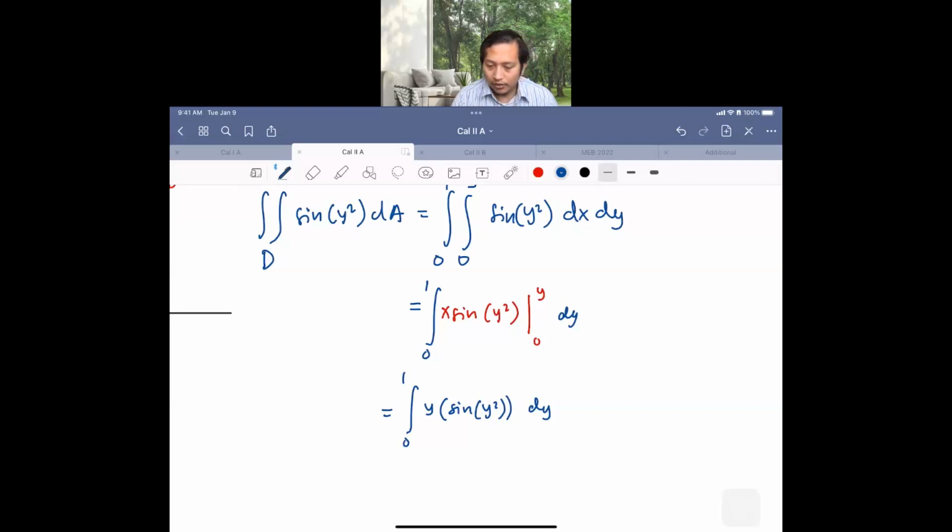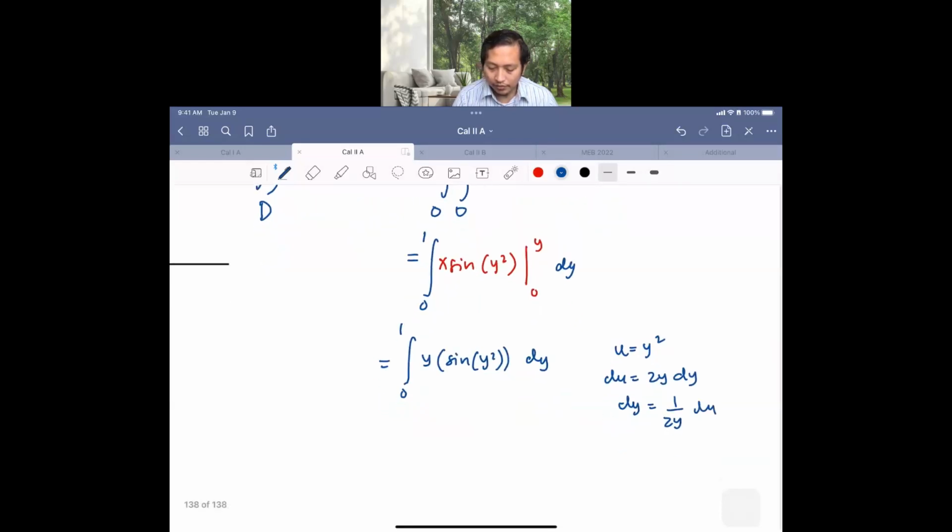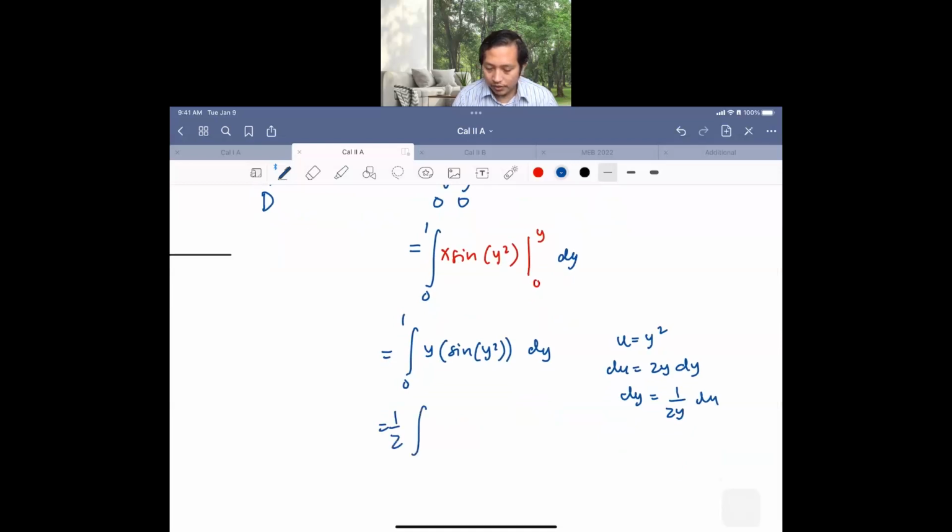And we can do the substitution. u is y squared, so du is 2y dy, so dy is 1 over 2y du, so we have half the integral from 0 to 1 of sine u, which becomes negative cos, so negative cos y squared from 0 to 1.